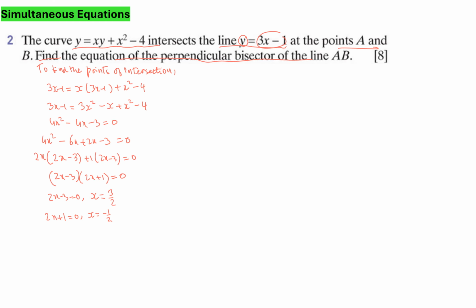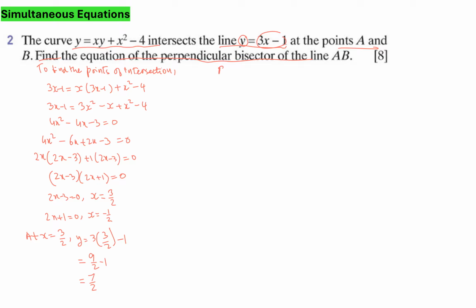At x equals 3 over 2, y equals 3 times 3 over 2 minus 1, sorry, the bracket is at the wrong place. So 9 over 2 minus 1, that is 7 over 2. So we get one point as 3 over 2, 7 over 2.